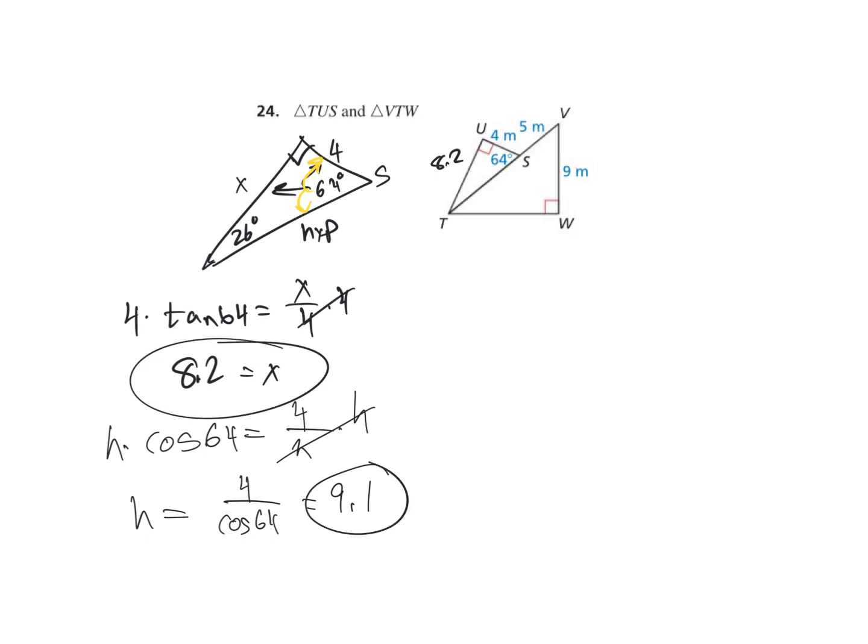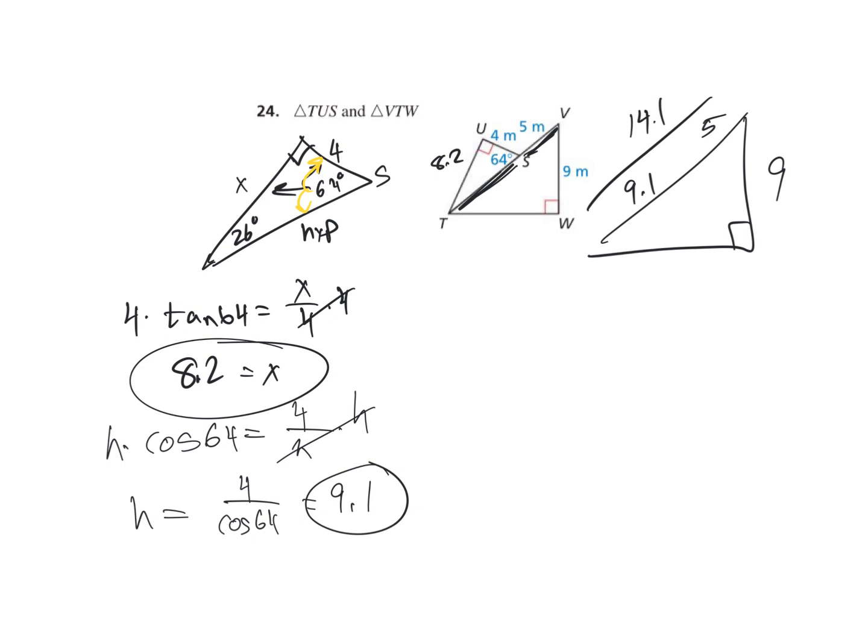Now to do the right triangle, that's 9. And 5 millimeters is this piece right here. So 5, and we found the hypotenuse here of 9.1. So the hypotenuse is 14.1. Okay, so if we want to get V, we're going to use the adjacent leg and hypotenuse. And since we're getting angles, it's the arc cosine.